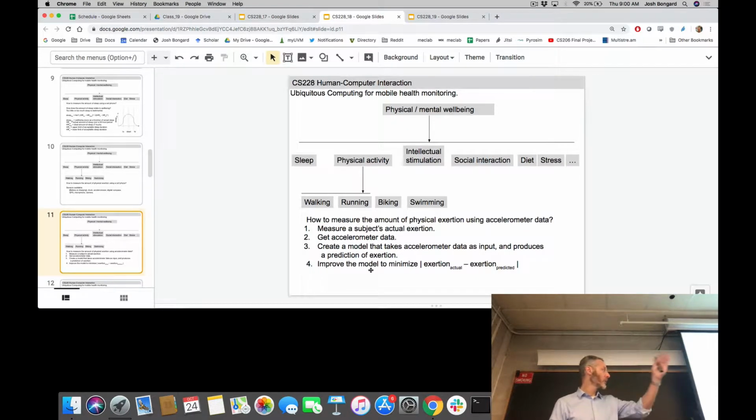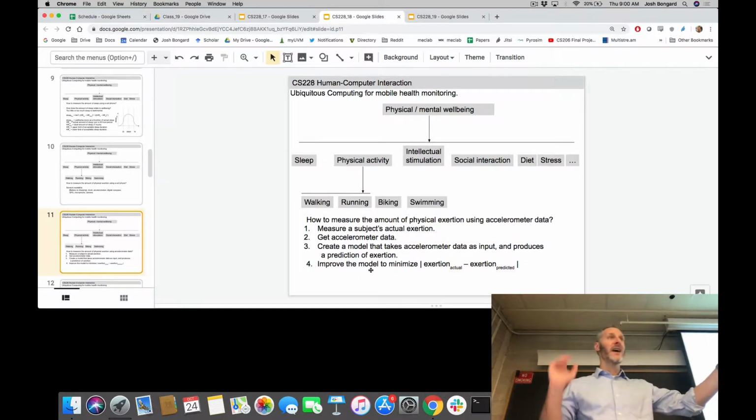So the model outputs exertion predicted, and we have exertion actual, and we're going to train the model to minimize that. So we can go eventually, assuming we've trained this model and assuming that the user is wearing their phone while they're walking or running, the phone can make a relatively accurate prediction about how many calories are being burned at a given point in time.